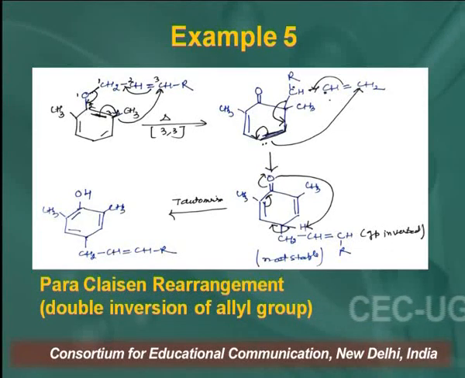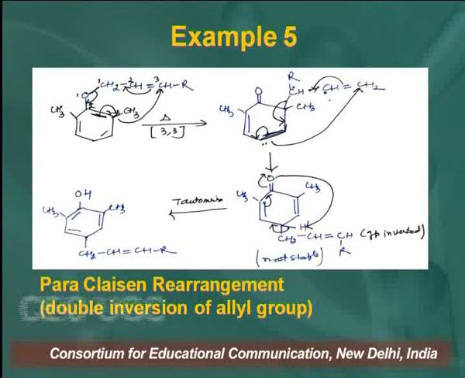Right? So here we again get the keto form, and the keto form on tautomerization is converted into the enol form, and we get a stable product. We get a product which has the allyl group at the para position.